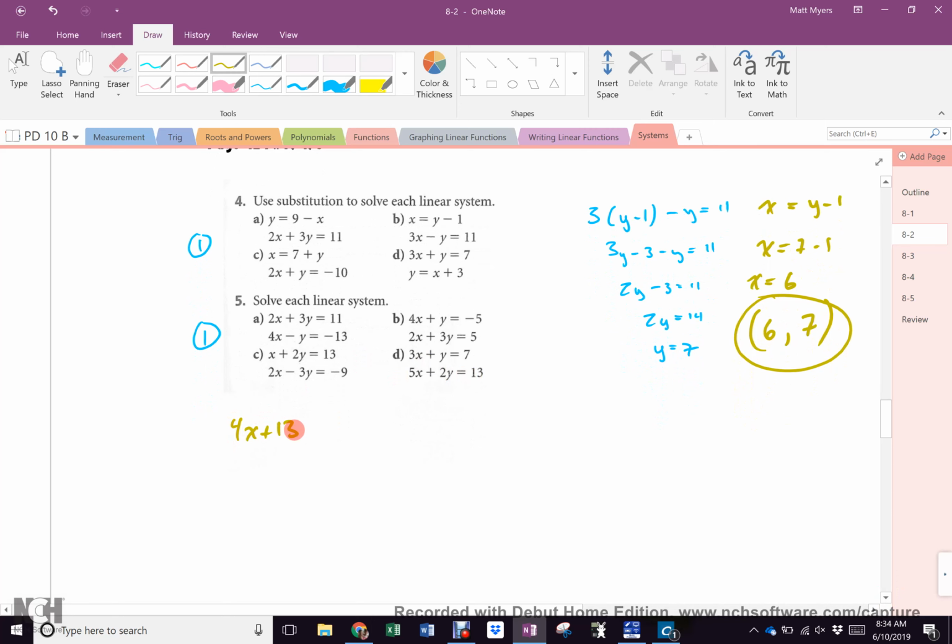4x plus 3 equals y. Oh, wait. Yeah, 13 equals y.